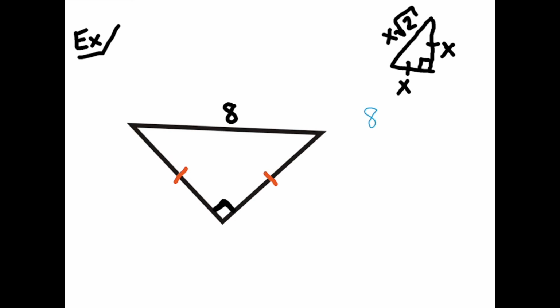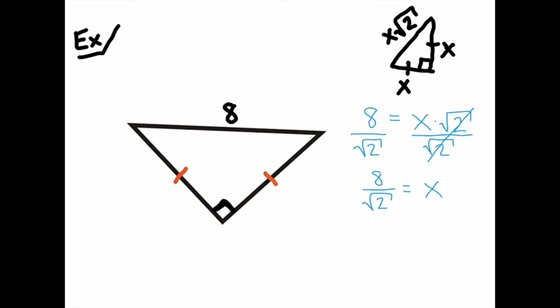So 8 should be equal to some number times root 2. I have an equation I can solve. So I want to solve for x. I want to figure out what that number is. I'm going to divide both sides by root 2. That's going to cancel out these root 2's and leave me with x on the right side and 8 over root 2 on the left.